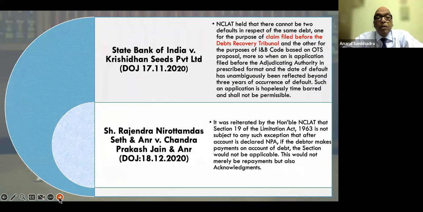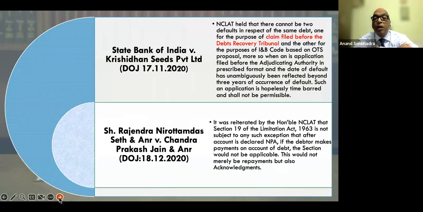The first one that I've listed down here is State Bank of India versus Krishidhan Seeds Private Limited. This was an NCLAT judgment which held that there cannot be two defaults in respect of the same debt, one for the purpose of a claim filed before the Debt Recovery Tribunal, and the other for the purpose of the IBC based on an OTS proposal.